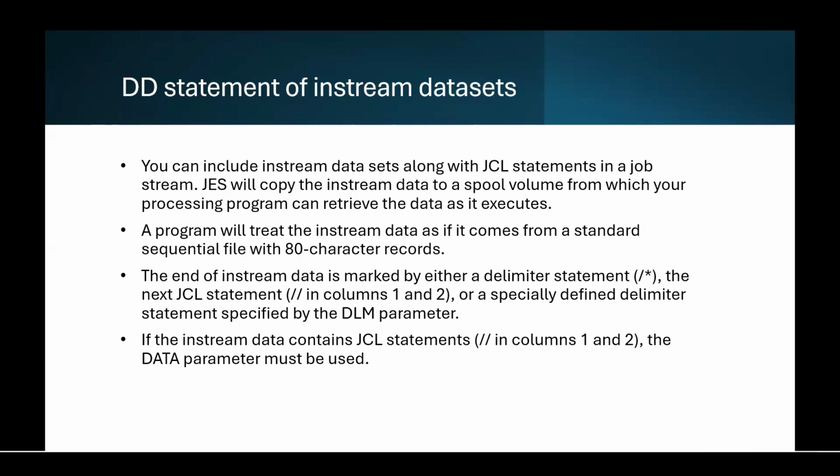The end of in-stream data is marked either by a delimiter statement, the next JCL statement with // in column 1 and 2, or a specifically defined delimiter specified by the DLM parameter. If the in-stream data contains JCL statements with // in column 1 and 2, the DATA parameter must be used.